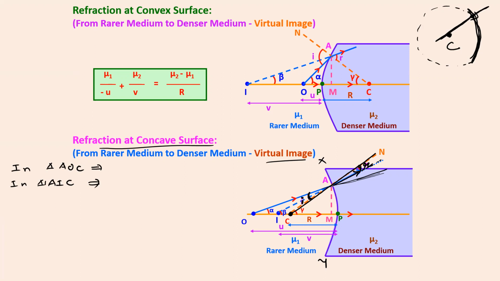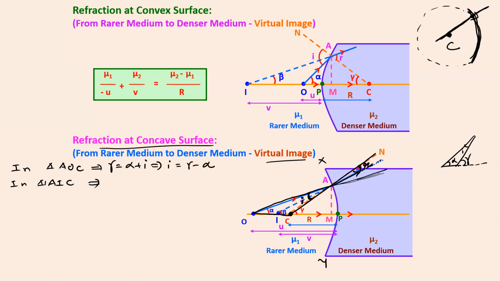In triangle AOC, one can see that this is your I, this one is your alpha, and this side is extended, which is giving me gamma. So gamma is equal to alpha plus I. So you have to make I equal to gamma minus alpha this time.